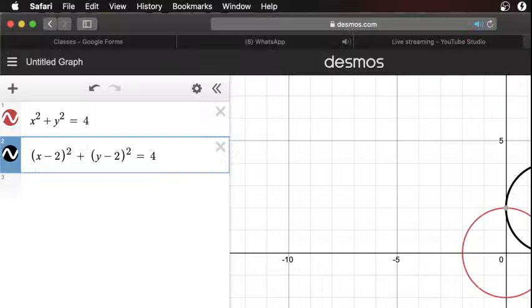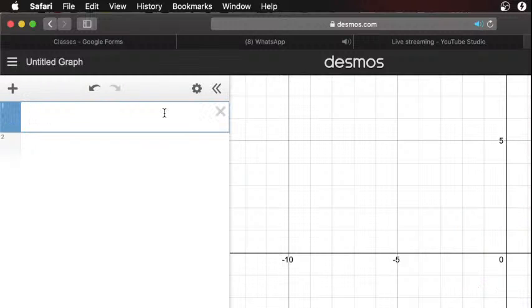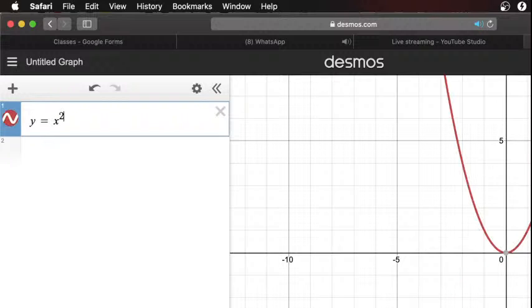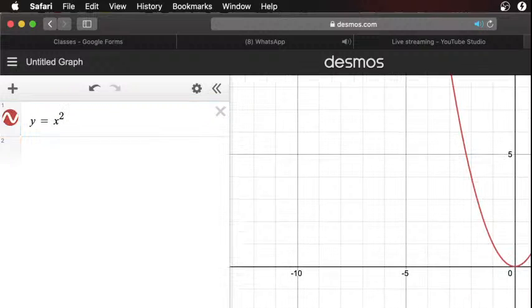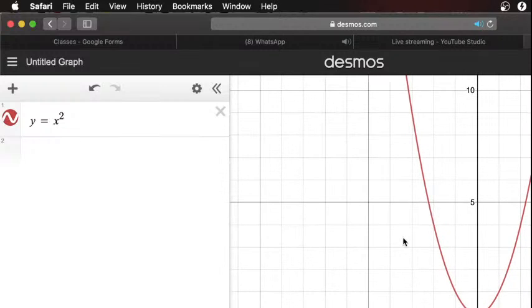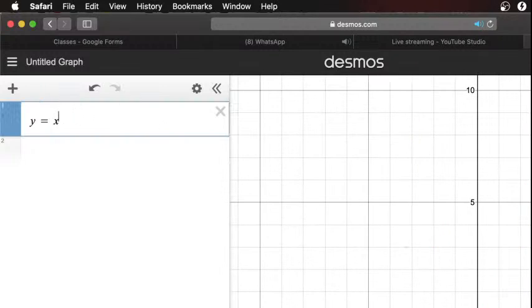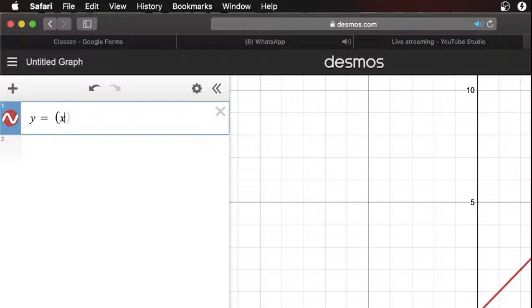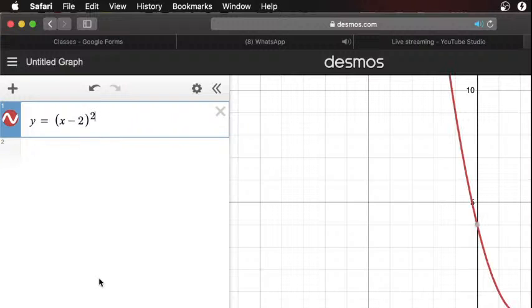That is, if I have a curve y equals x square, it's symmetric about the y-axis, but if I have a curve y equals x minus 2 whole square, I would have a curve that would be symmetric about x equals 2. It's a displaced function from origin. The reason being, it's like the origin shifting from x equals 0 to x equals 2.